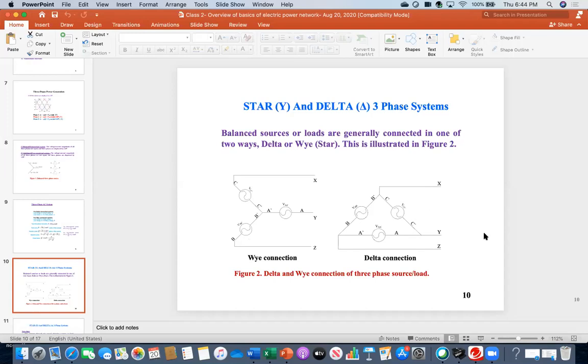So how are we going to mitigate these issues in delta connection? Okay, you have to put in some control means. For example, there is some sophisticated controller. It will detect whether there is any unbalance or not. Once there is any unbalance, immediately there should be some sort of fault current limiter along the line.